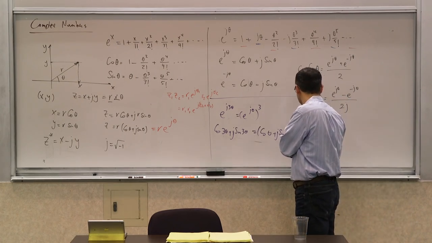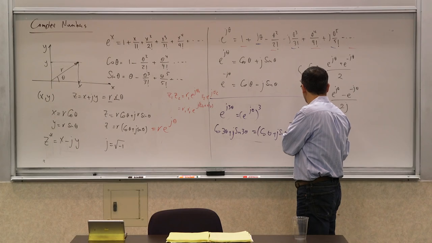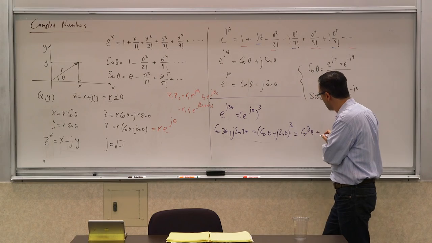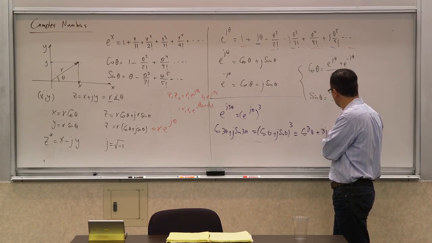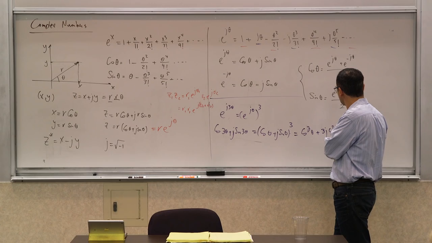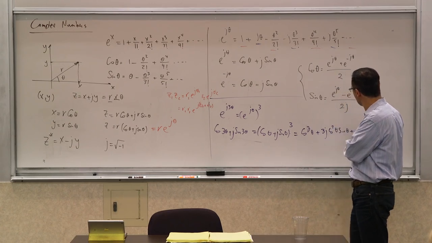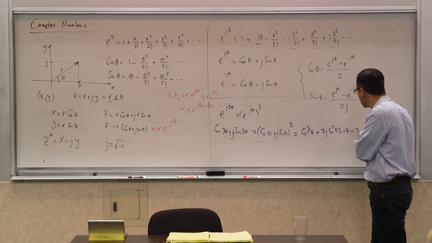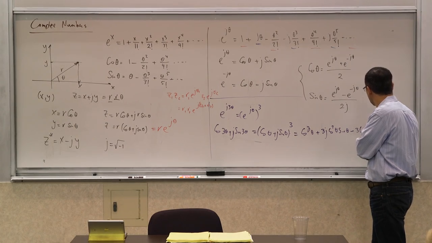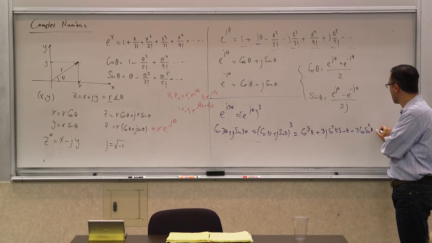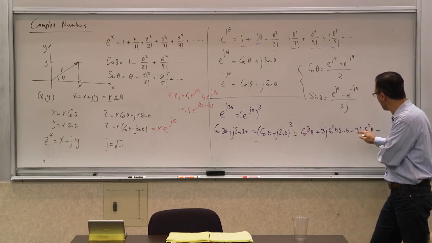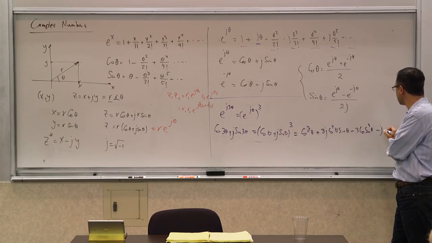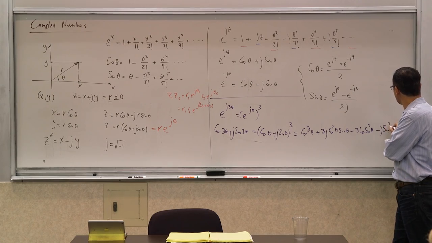Right? Binomial. So this is cosine cubed of theta plus 3j cosine squared of theta sine of theta, plus 3 or minus. Now this is going to be this squared, so it gives me minus that squared, which is basically cosine theta sine squared of theta, and then minus this cubed, which gives me minus j sine cube of theta.